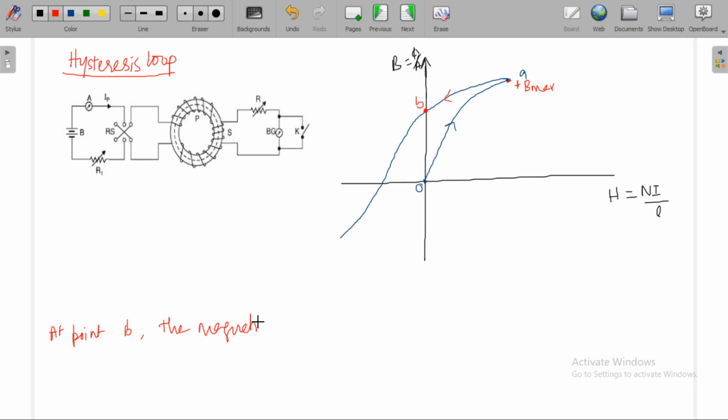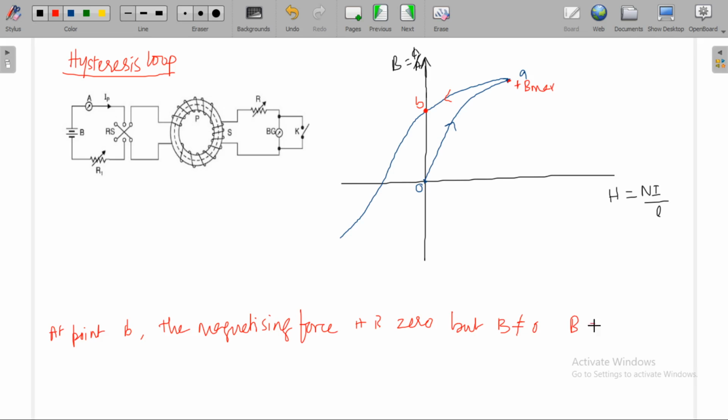H is 0, but B is not 0. B is not equal to 0. Even though H is 0, B is not equal to 0.